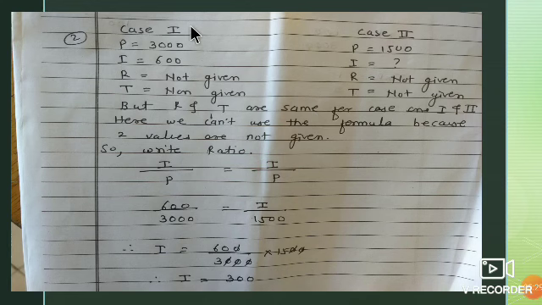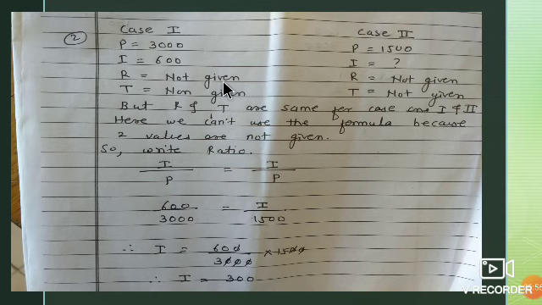See here, case number 1: principal 3000, interest 600, rate not given, time not given. In the second case, principal is 1500, interest is asked. Rate of interest and time are not given, but the rate of interest and the time period are the same for case 1 and case 2.